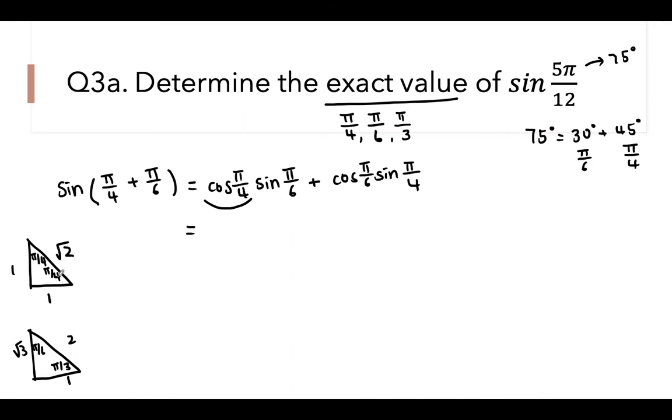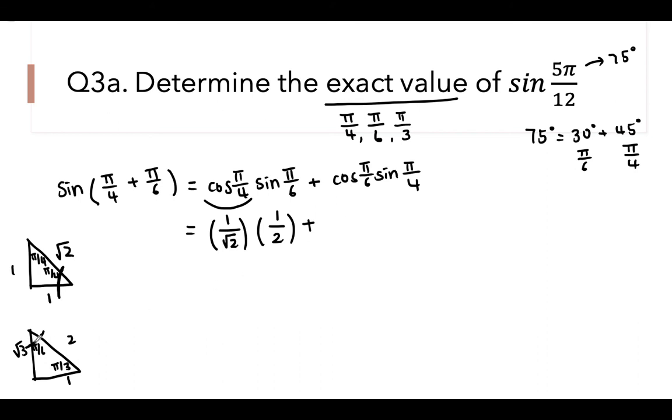So using this, this is my starting angle. Cosine is adjacent over hypotenuse, so it's going to be 1 over square root 2. And then sine pi over 6. This is my starting angle. It's opposite over hypotenuse, so it will be 1 over 2. So what I'm doing is evaluating each term. Plus cosine pi over 6.